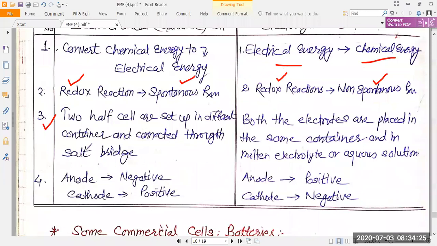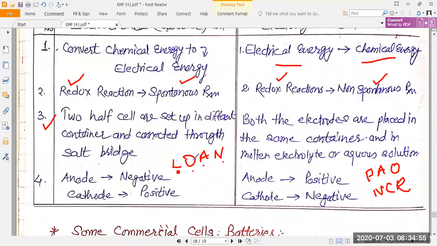Next, in an electrochemical cell the anode is negative but the cathode is positive, but in an electrolytic cell the anode is positive and the cathode is negative. LOAN: Left, Oxidation, Anode, Negative.